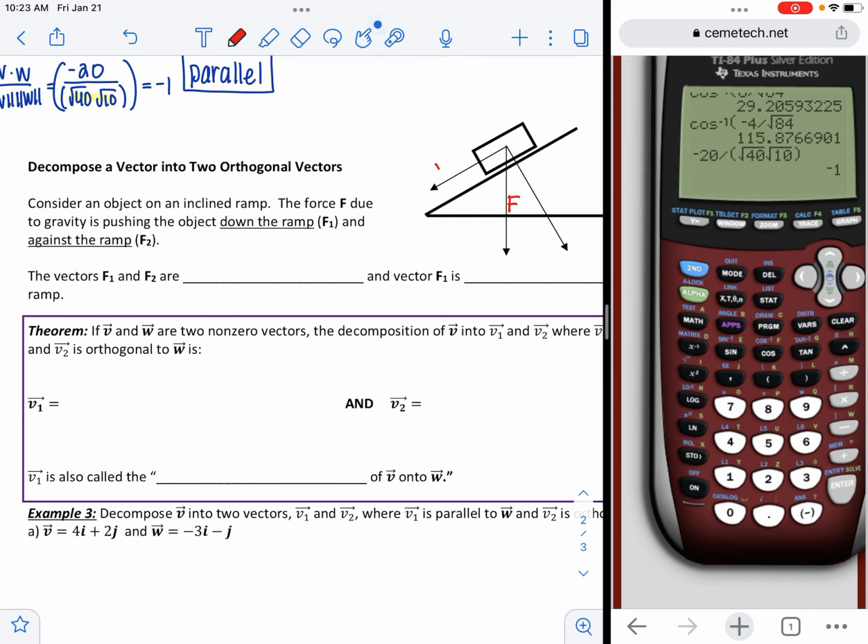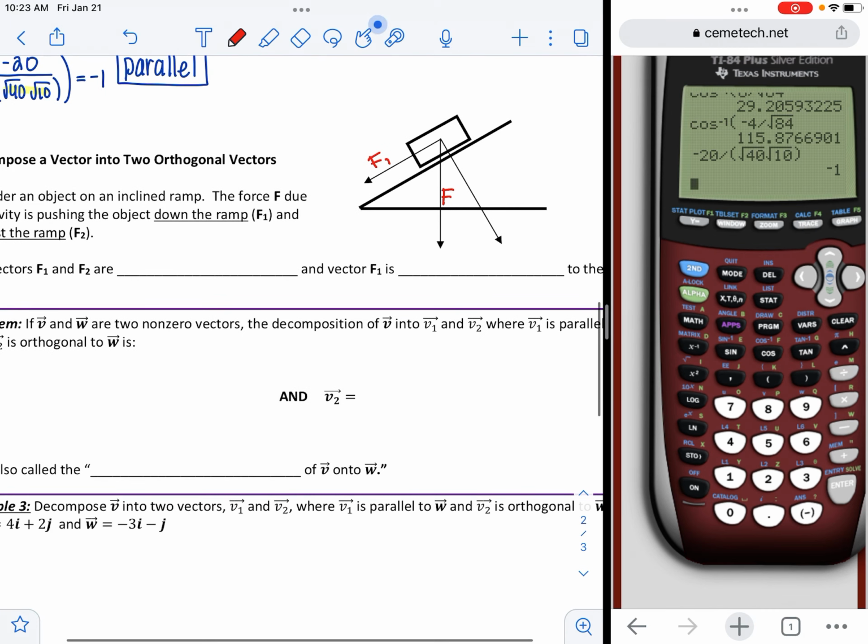So down the ramp is F1. This is F1 right here. And then it's also against the ramp, which is right here. That's F2. What you should notice about F1 and F2 is that they're orthogonal.